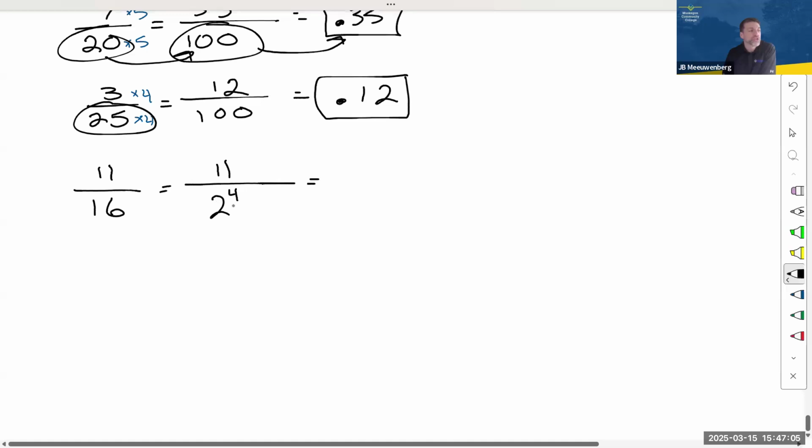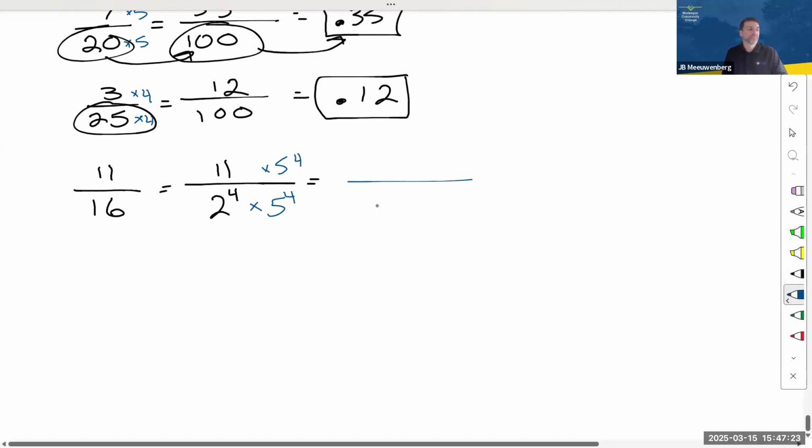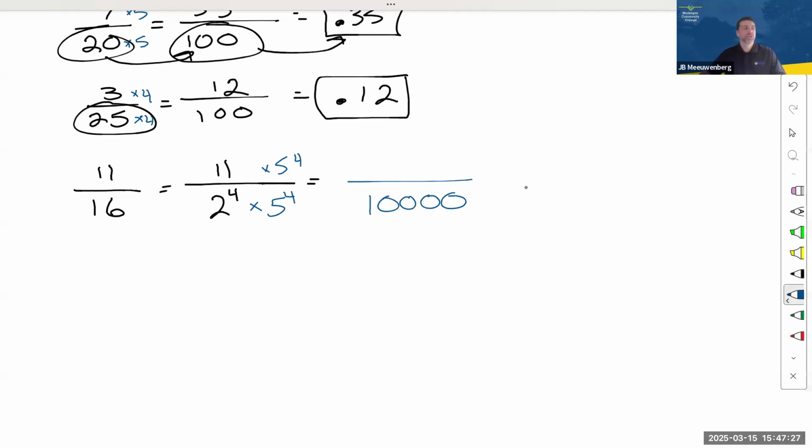Because we have 4 2s in our denominator, we're going to have to multiply this by 4 5s. 2 to the 4th times 5 to the 4th will be a 1 with 4 zeros.